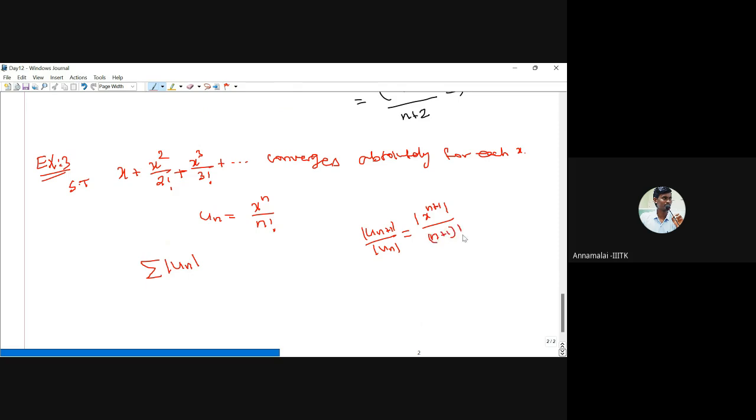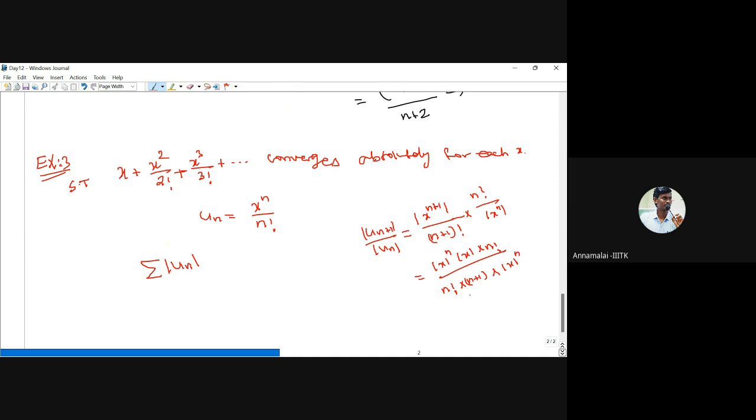Dividing by un, we have n factorial in the numerator and modulus of x power n in the denominator. Now simplify again: modulus of x power n plus 1 is mod x power n into mod x, because modulus of AB equals modulus of A into modulus of B. And n plus 1 factorial can be written as n factorial times n plus 1.